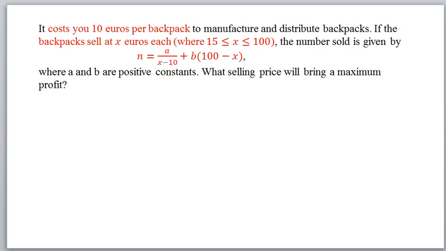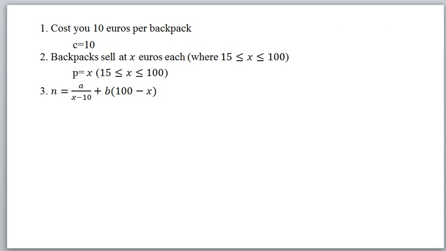In order to work out the number sold, we need to use a formula: N equals A divided by X minus 10 plus B multiplied by 100 minus X, where N is the number of backpacks sold. To summarize, number 1, it costs you €10 per backpack, so C equals 10, where C stands for the cost price.